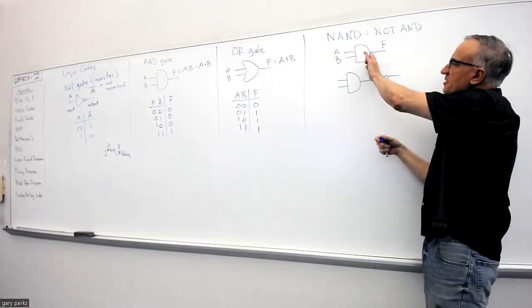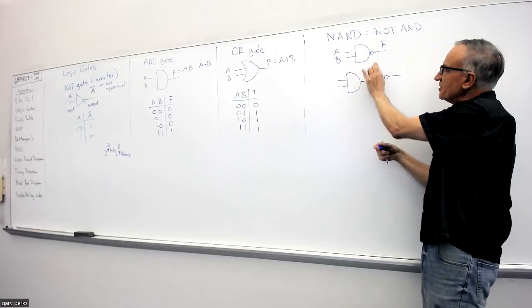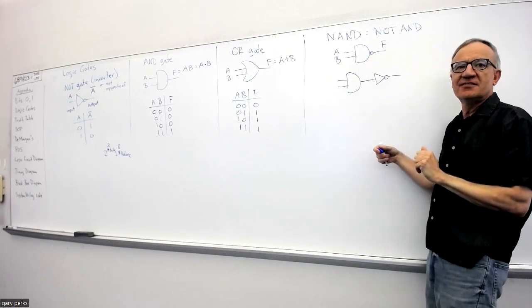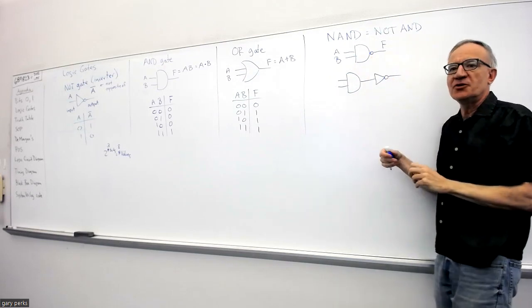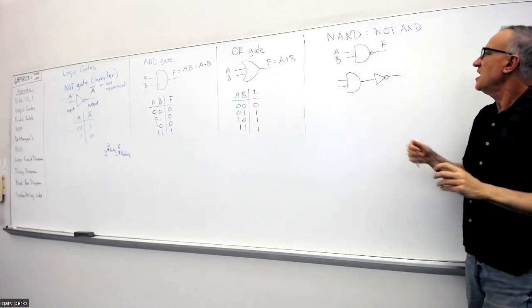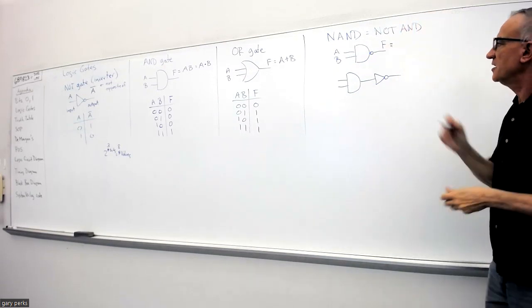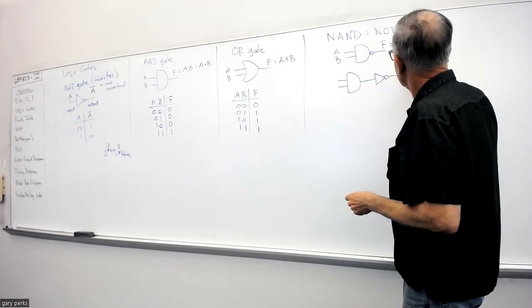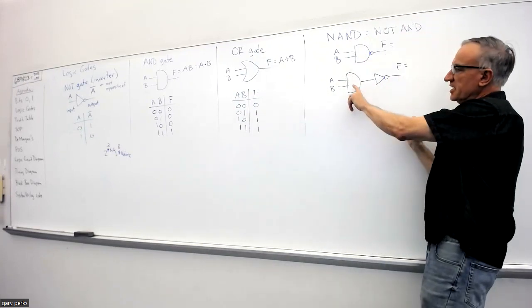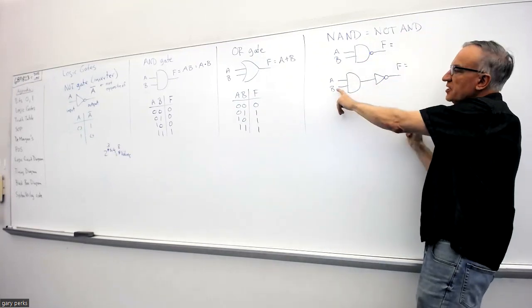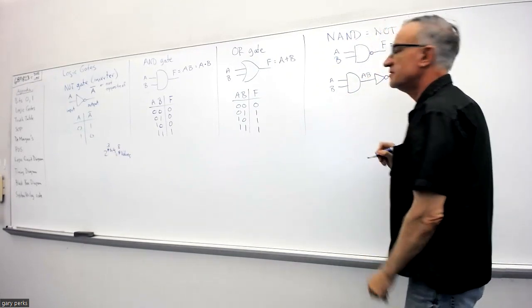Where this symbol comes from is kind of like this inverter symbol was squished into the AND symbol and they just left a little bubble sticking out. That's just to remind us that the NAND's just like an AND, but it's got an inverted output. And the Boolean equation for a NAND gate: since a NAND is an AND and then an inverter, first these 2 inputs get ANDed together, so you'll have AB here.